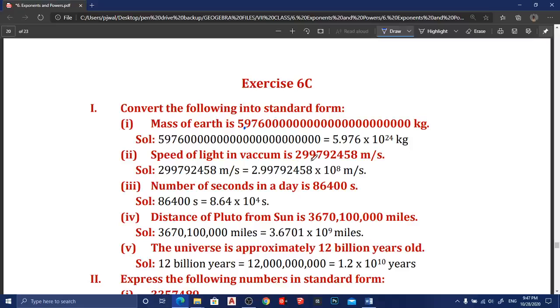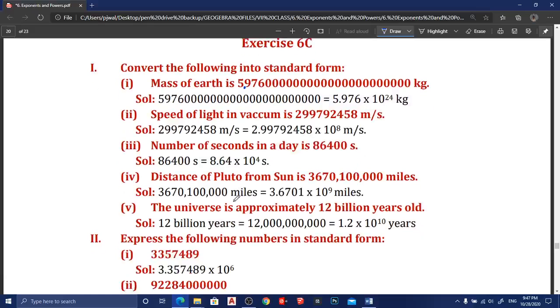So 2.99792458 into 10 to the power of 8 meters per second. Why are you writing 8 here? After putting the point, 8 digits are there. So this is the standard form. This is the speed of light in vacuum.